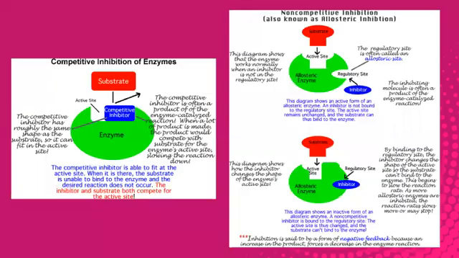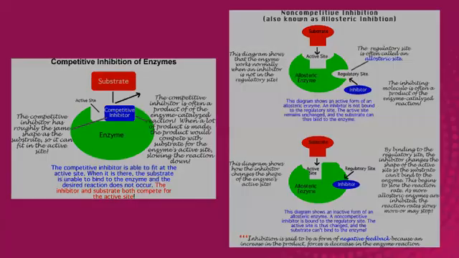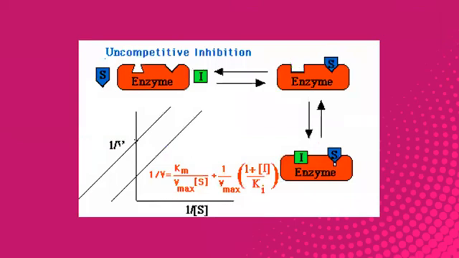Okay, so more illustration to further understand. We have our competitive inhibitor, which gets ahead of the substrate in order to attach on the active site. And then we have our non-competitive, which will attach on the non-active site, and then we have another example, uncompetitive.